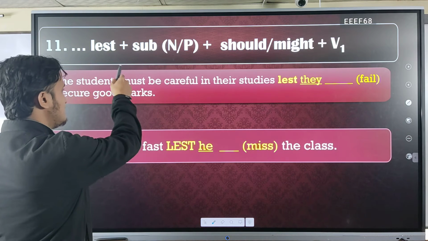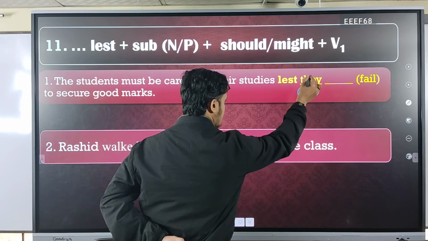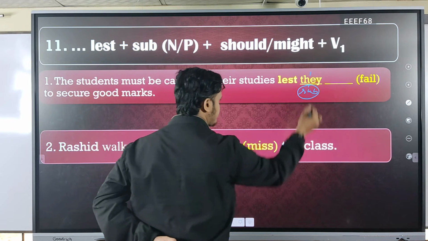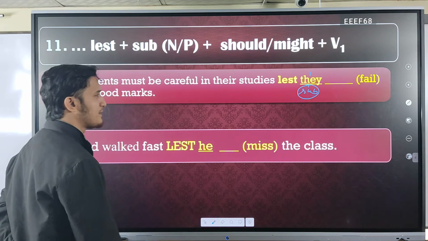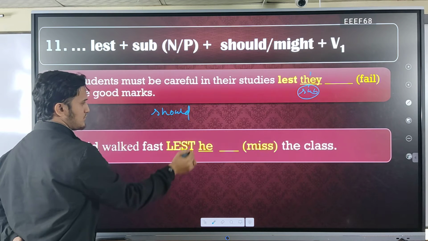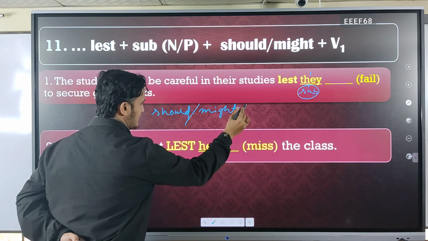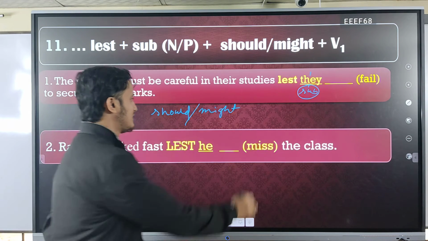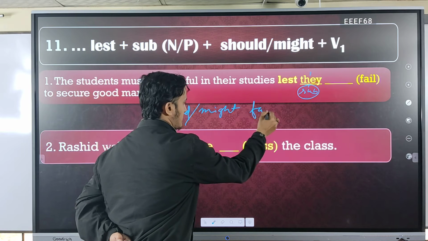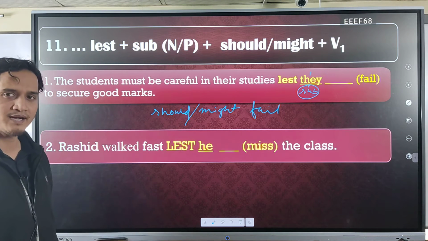Lest, as you know, the subject is there. What can we write? We write there should, or we can write there might. What did we write? The base form of the verb: fail to secure good marks.